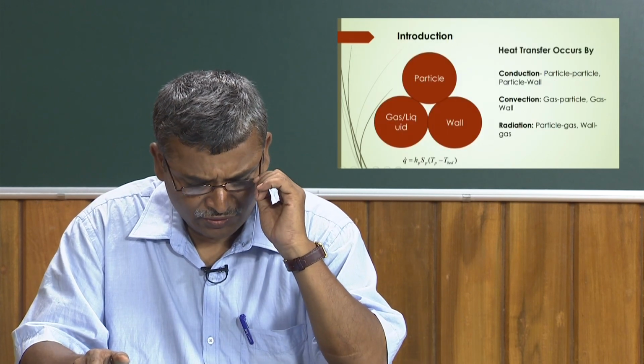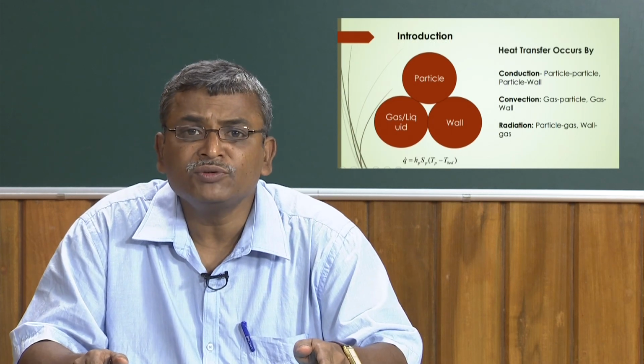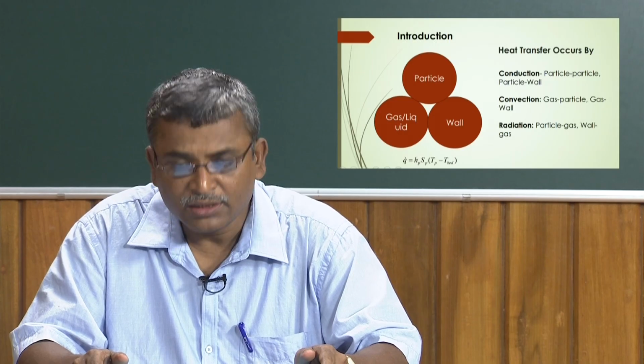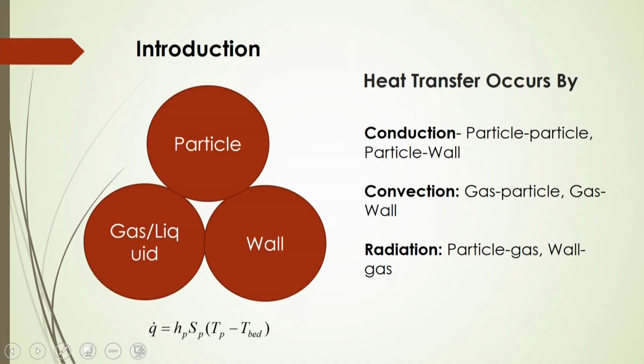In this case also, the heat transfer will occur by certain mechanisms, and it is well known that there are three types of heat transfer mechanism: one is conduction, another is convection, and the other one is called radiation.